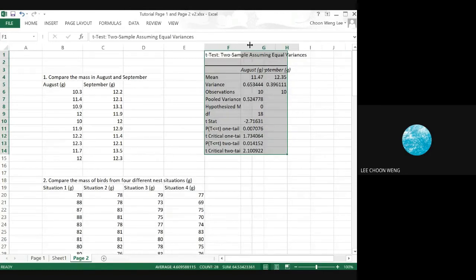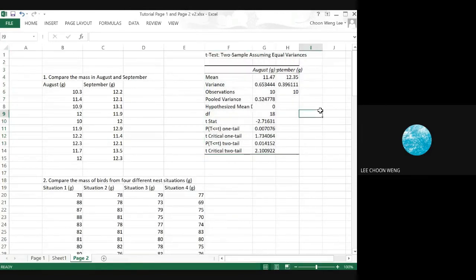So we have data here. This shows the mean and variance of the measurements carried out in August, and this is the one carried out in September. The hypothesized mean difference is 0, your degrees of freedom is 18, your t-stat is 2.716. It doesn't matter whether it's positive or negative.